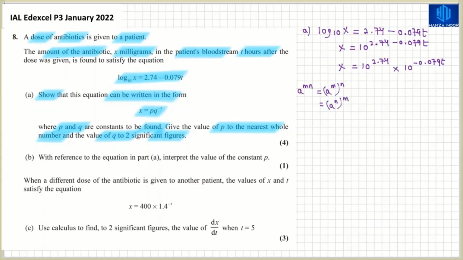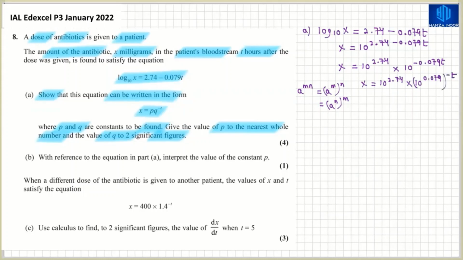According to this law, I can rewrite the equation like this: x equals 10 raised to the power 2.74 multiplied by 10 raised to the power 0.079, and this is raised to the power minus t.